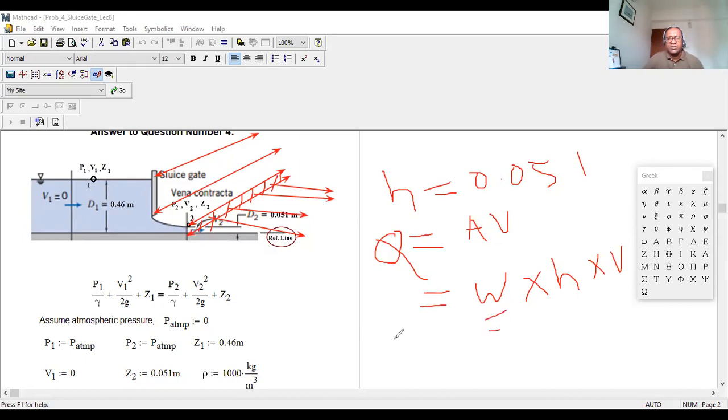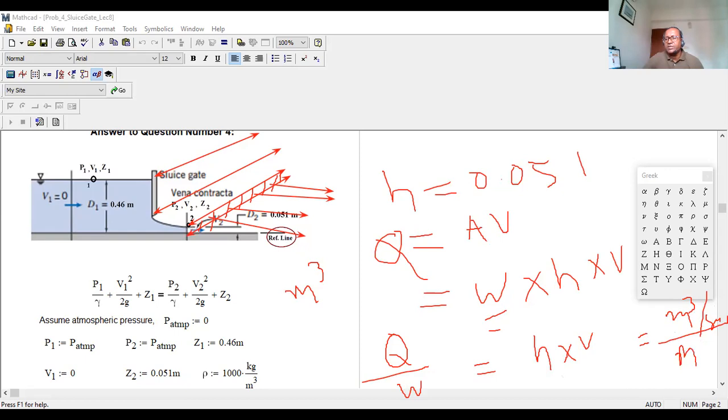What is the unit of Q? Meter cube per second. So you bring W to the left side, and you get H times V. So Q by W has units of meter cube per second per meter of gate width.